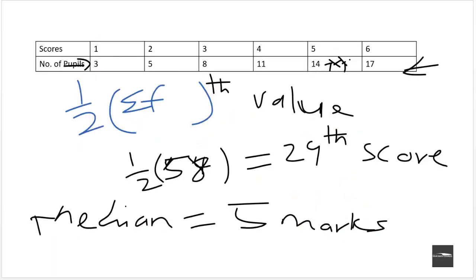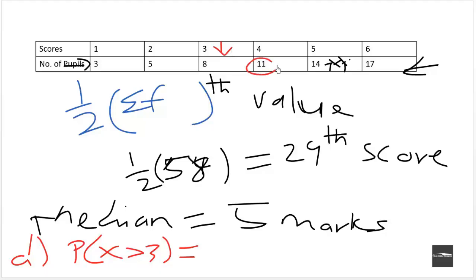Scoring more than 3 will be from 11 plus 14 plus 17, all over 58.